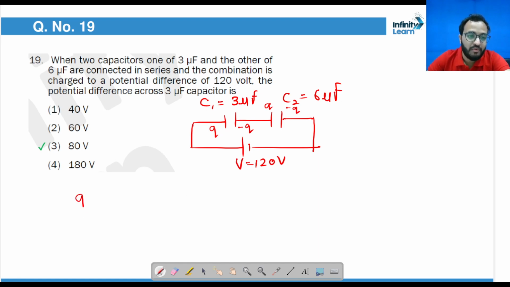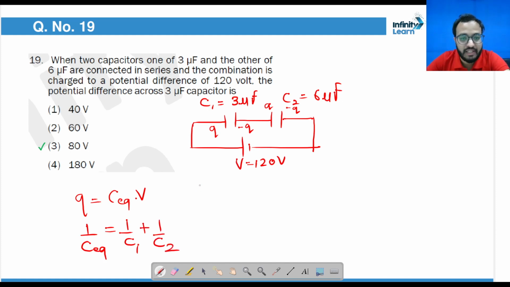So Q is equal to C equivalent into V. You can find C equivalent: 1 by C equivalent is equal to 1 by C1 plus 1 by C2. And once you know the charge, then V1 will be Q by C1. Got it? This is how you can get the answer.